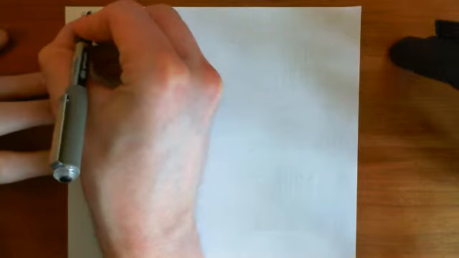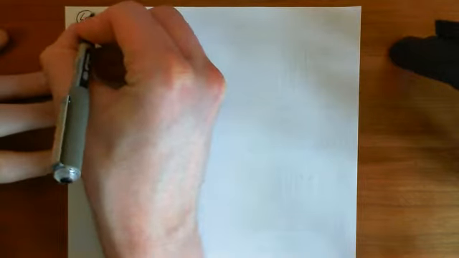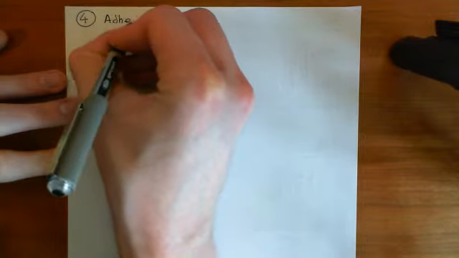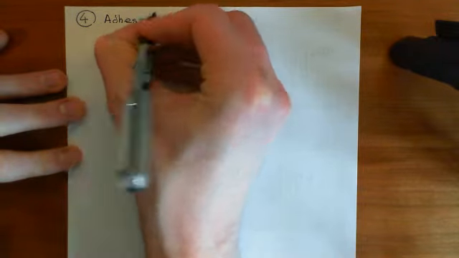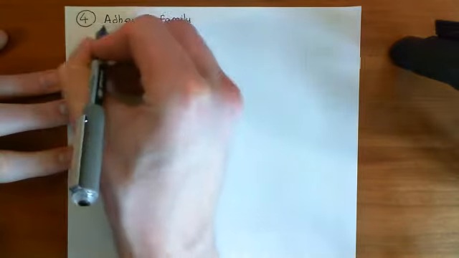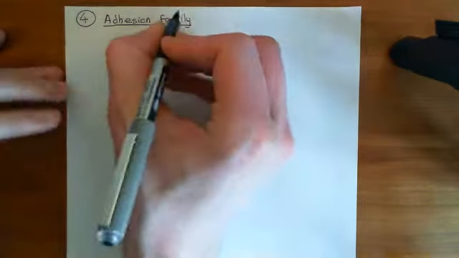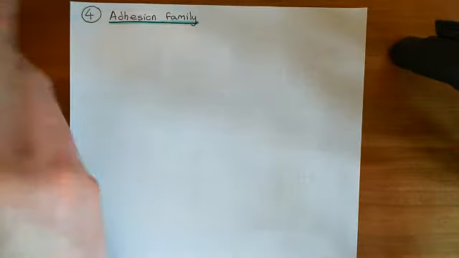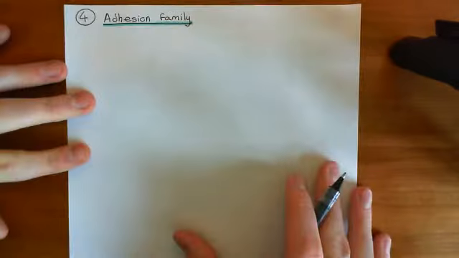Right, so the fourth family then of G-protein coupled receptors is the family that no one can ever remember. This is the family of adhesion family G-protein coupled receptors. Now, the characteristic feature that all adhesion family G-protein coupled receptors share is that they all have an extremely large amino terminal domain.